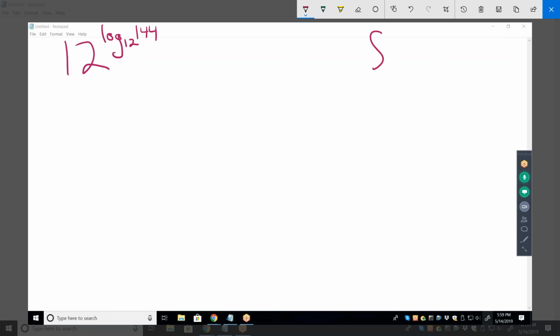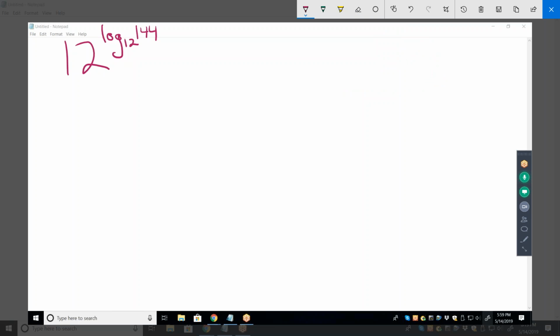Much like f of x, that is not f times x. That is something completely different. It's a function whose variable is x. That's what that means. And you've got to simplify that.